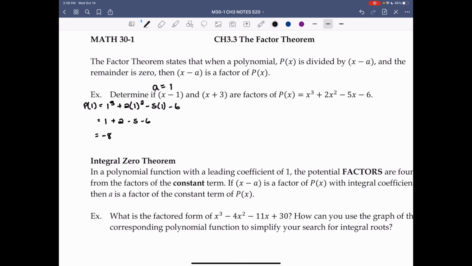So according to the factor theorem, if the remainder is 0, then x minus a is a factor. Since our remainder is not 0, therefore, x minus 1 is not a factor of p of x.